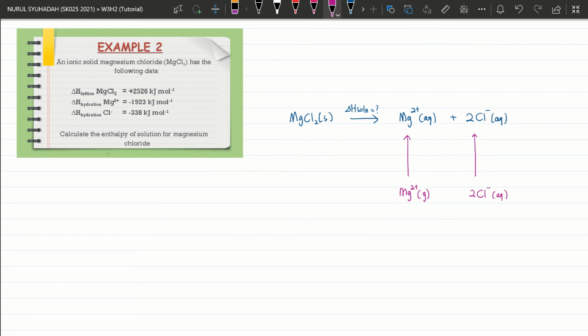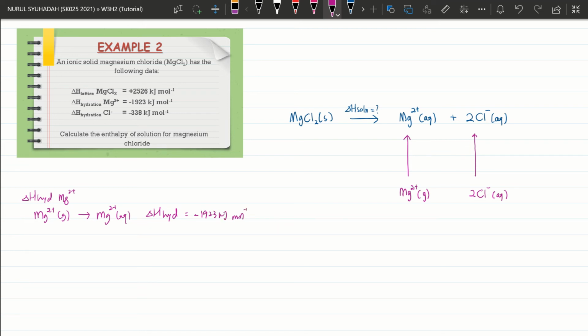Okay, and then here I just want to emphasize on the delta H hydration. Given to you is delta H hydration for Mg2+. So the equation here for delta H hydration will be Mg2+ gas to produce Mg2+ aqueous. Delta H hydration is negative 1923 kilojoule per mole.